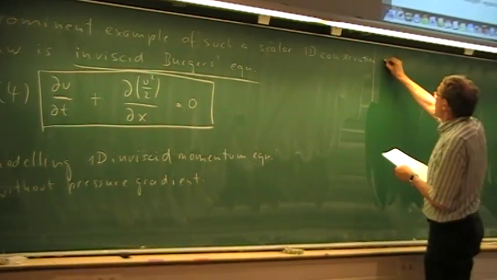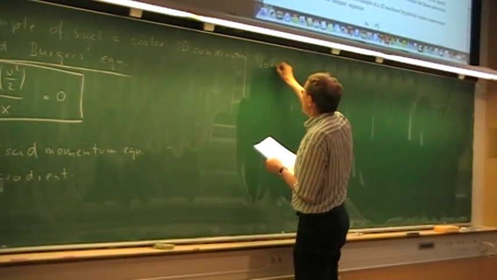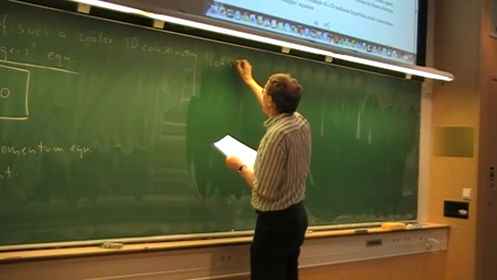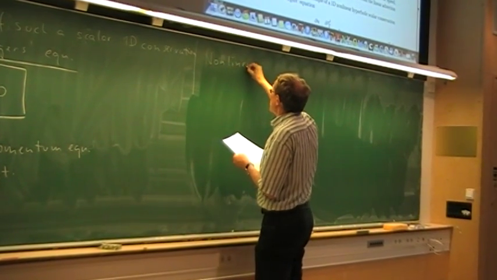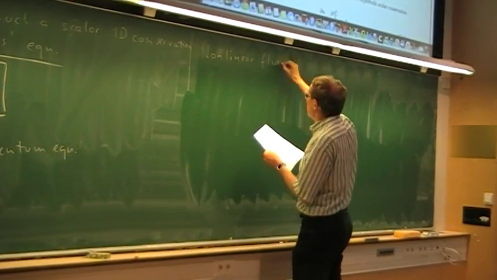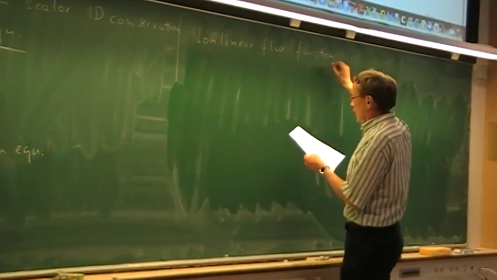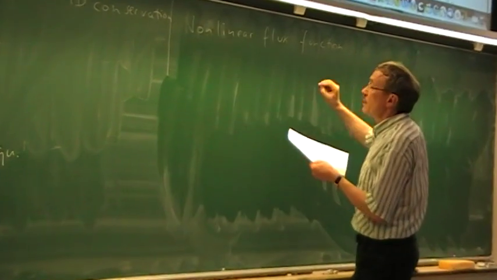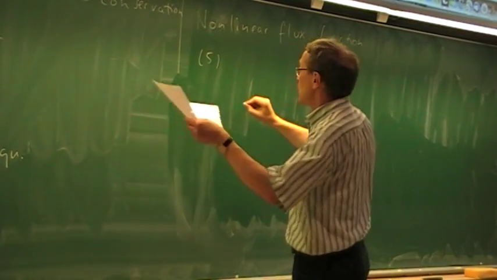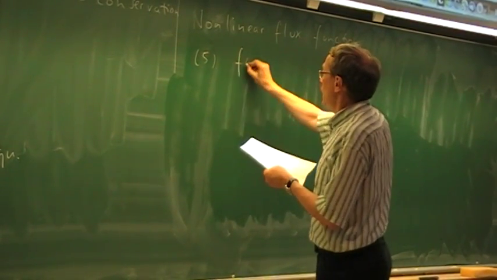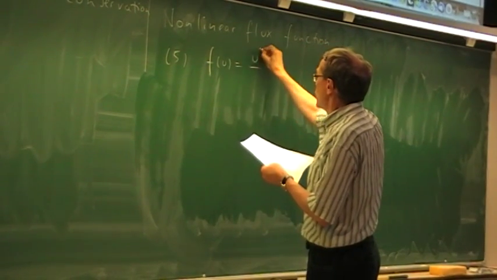So then we can note that the nonlinear flux function in this case, for the inviscid Burgers equation, is f of u is u squared half.